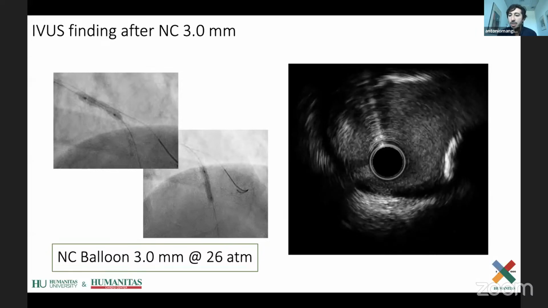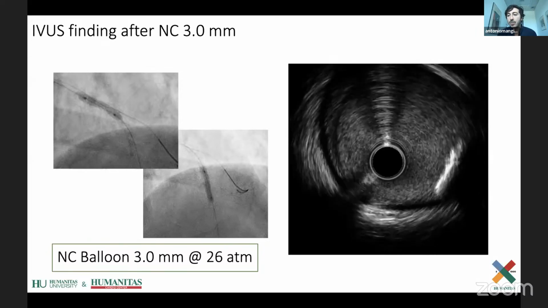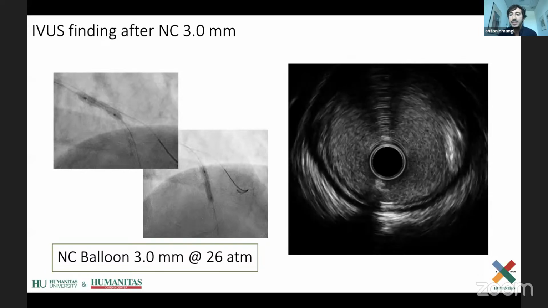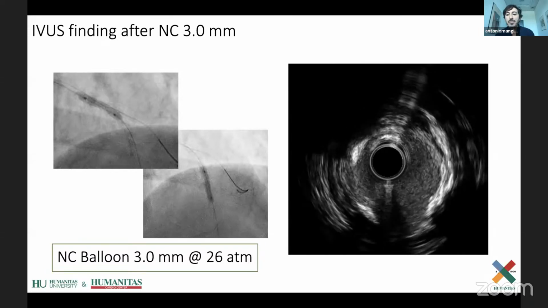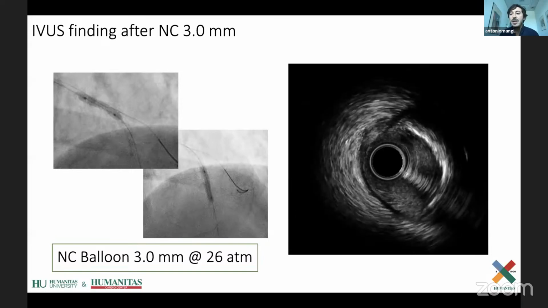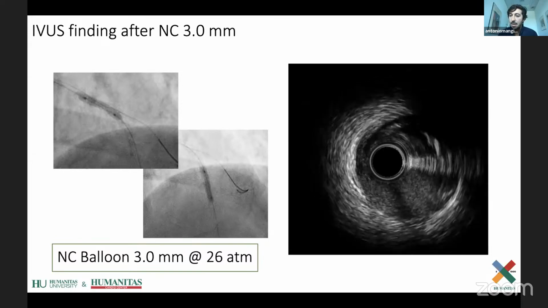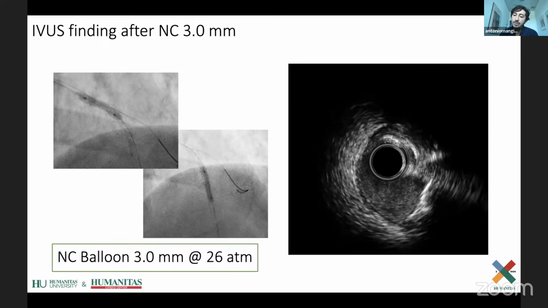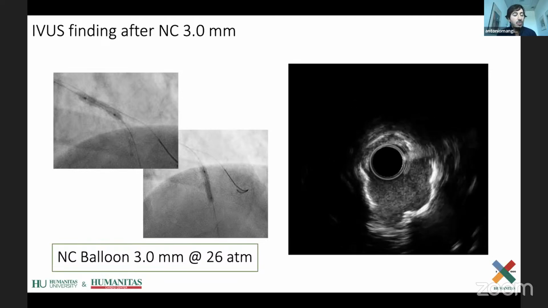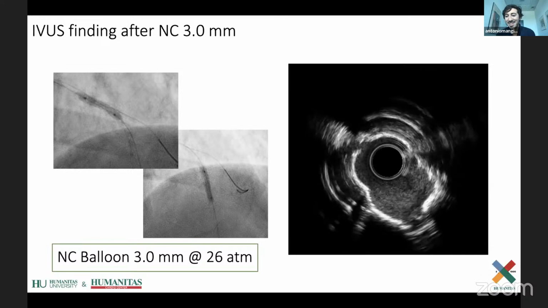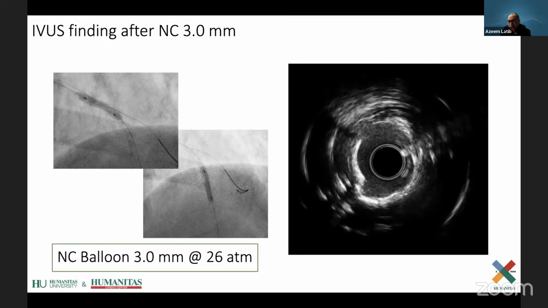One was managed with implantation of a DES, the other one with a covered stent, but it's always a perforation. And I think that's something you want to skip and avoid in these cases. These are elective cases, basically. You have to be very careful, because if you have a perforation, especially after rota cutting, you can have troubles.